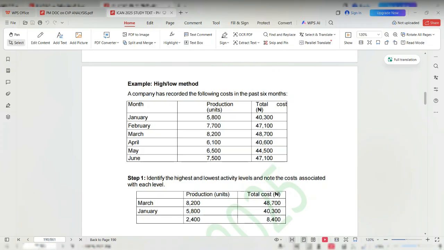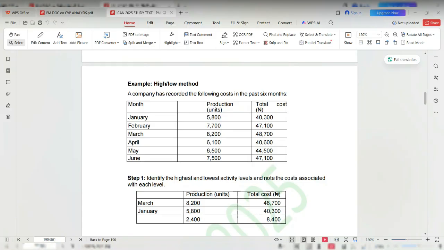40,300 equals A plus 3.5 multiplied by 5,800. 3.5 times 5,800 is 20,300.